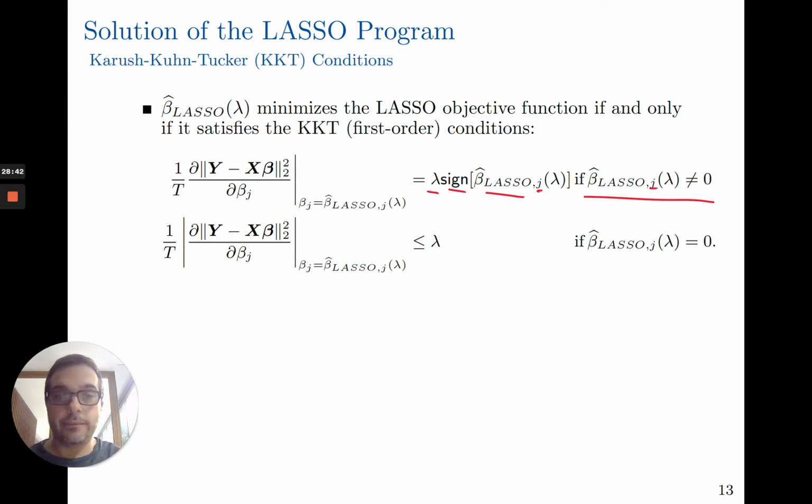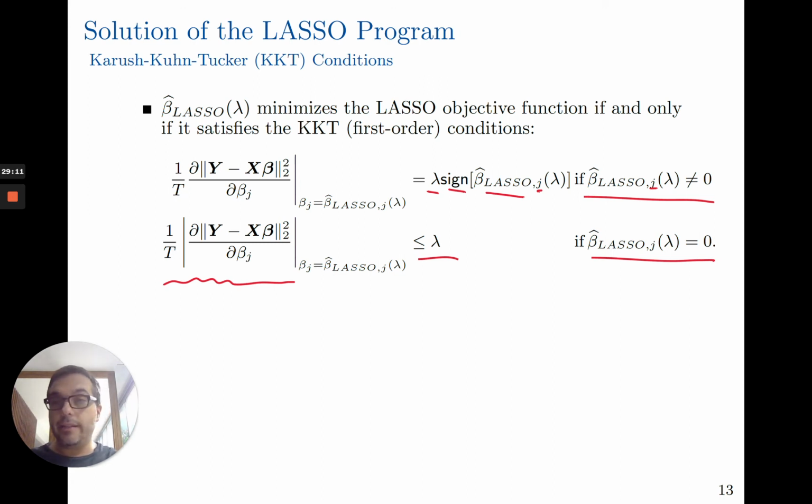On the other hand, if beta hat equals 0, what we're going to have is an inequality, because we can have anything between -1 and 1, so the derivative of the squared loss will be less or equal than lambda. So these are the first order conditions.